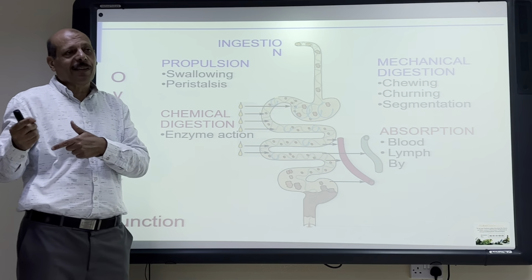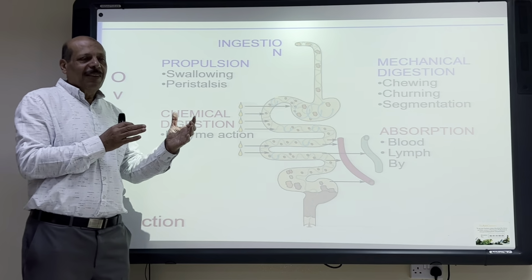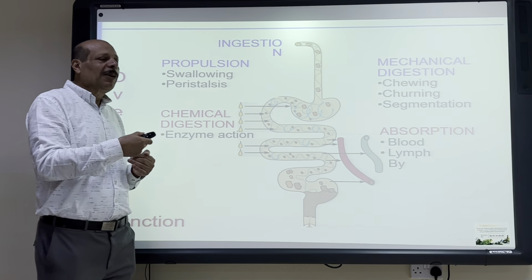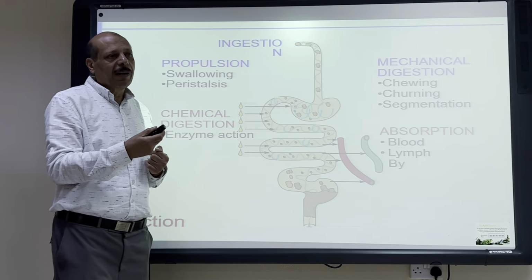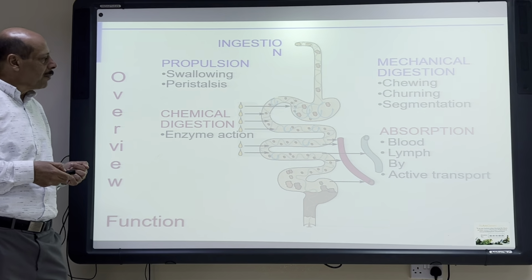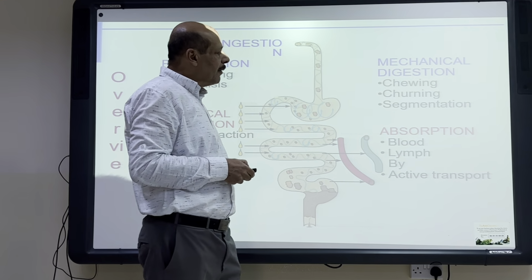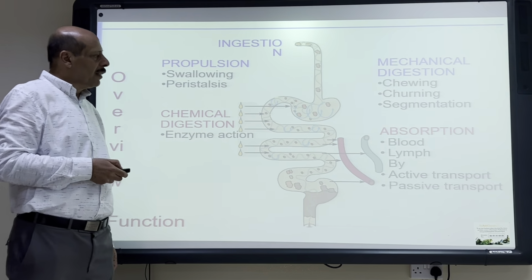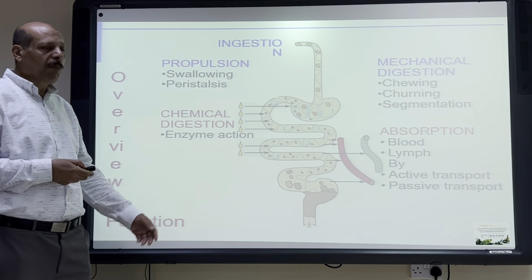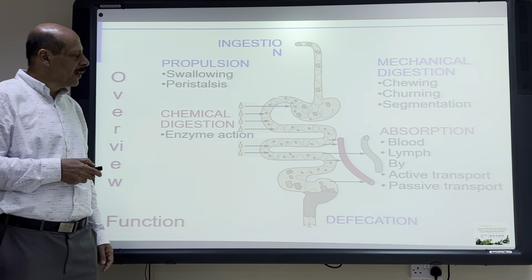So it will be processed and filtered there in order to prevent any harmful material from going to our blood. So it is by active and passive transport, both of them are happening.